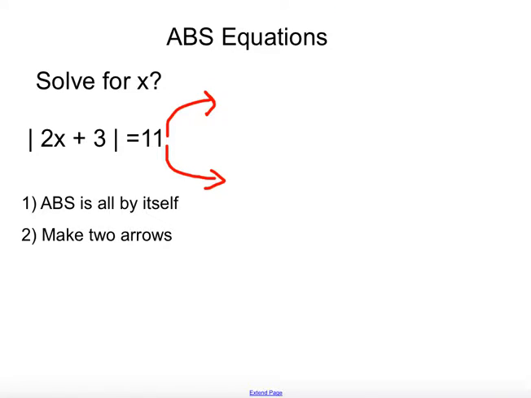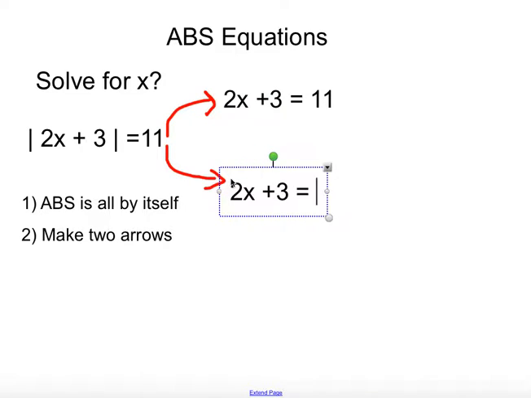So what these arrows do is, we can write the equation again, 2x plus 3 once equal to the positive value of 11, and once we write the same thing, the exact same thing, with the negative value of 11.